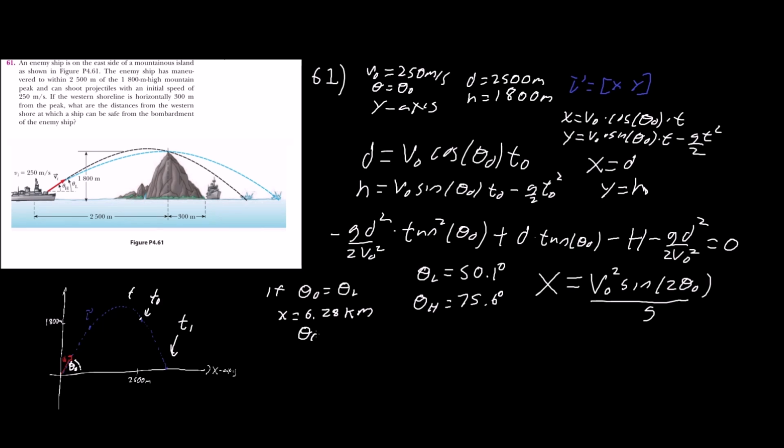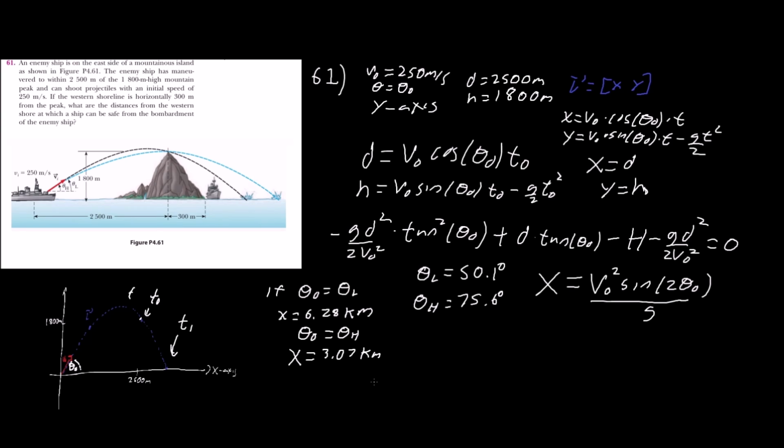Now if we let theta naught be theta of h, then your distance here is going to be 3.07 kilometers.